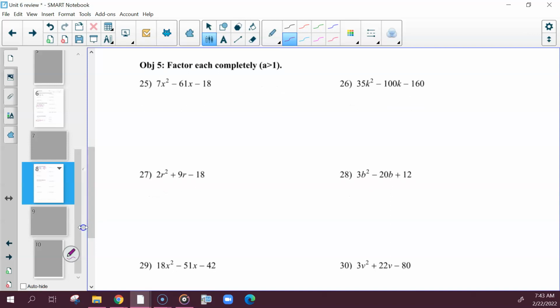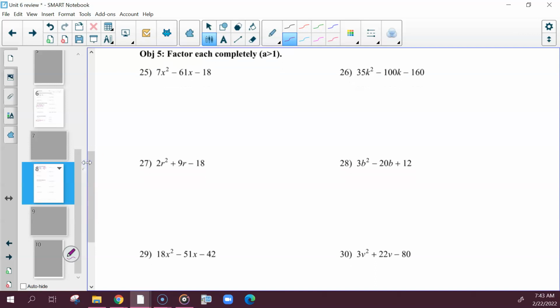Okay. And then last section, 26. With these, always double check and see, does this have a GCF? Is there something we can divide out of everything? For 26, 5 would definitely work.